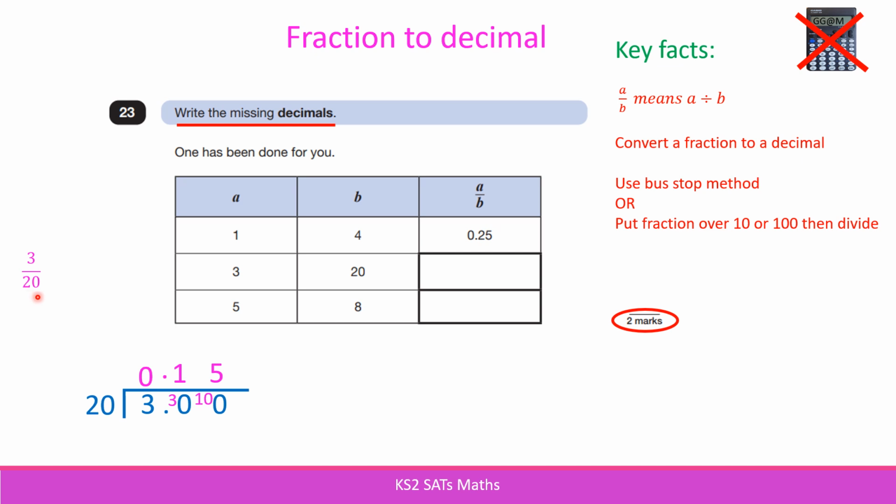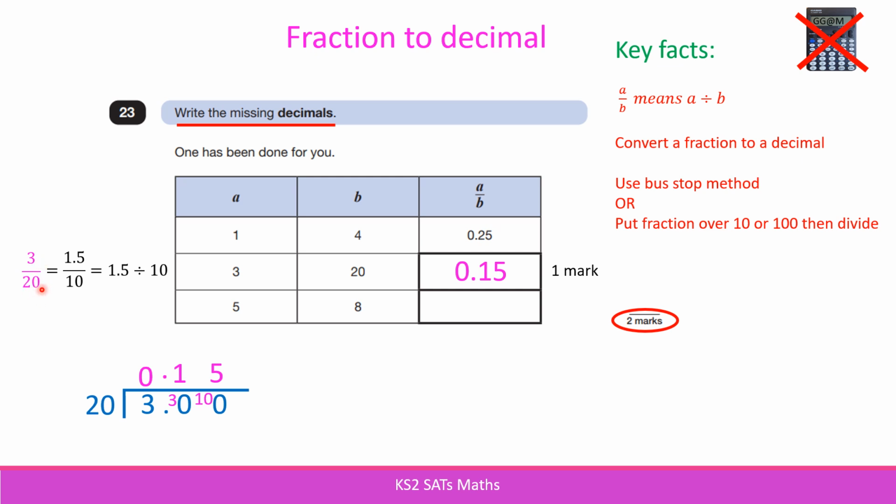So I've got a 20 and a 3, and half of 3 is 1.5, half of 20 is 10. So I've got 1.5 divided by 10. Remember, when I divide 1.5 by 10, the digits move one place to the right. So the 1 moves to the 10th column, the 5 moves to the 100th column, still giving me the same answer, 0.15.